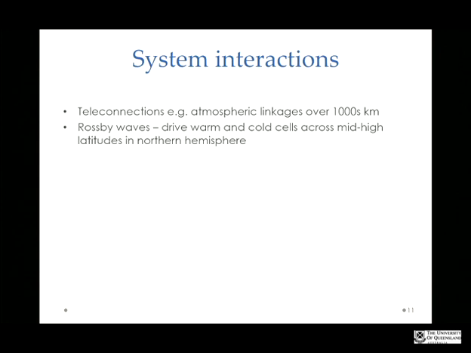And they drive hot and cold cells moving across the mid-latitudes in the northern hemisphere and also the southern hemisphere, but we don't notice it much because it's mainly ocean in the southern hemisphere. They also have an effect on a lot of other weather. We'll have an illustration of that a bit later on. So you can't isolate that and just say it only operates between latitude kind of 70 and 40 or something like that.